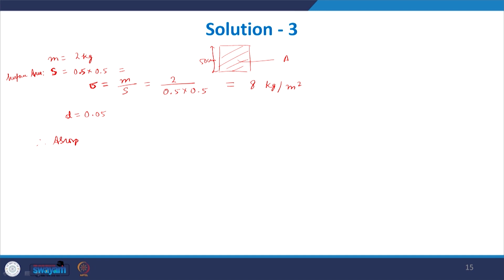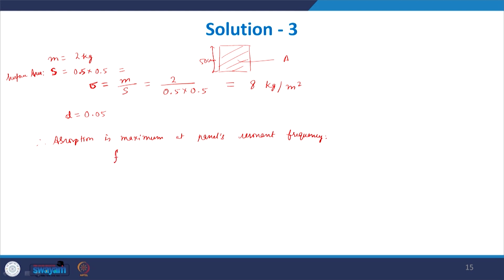Therefore, what we have to find is the frequency at which absorption is maximum. Absorption is maximum at the panel's resonant frequency. Whenever the panel undergoes a resonance, the absorption is maximum.